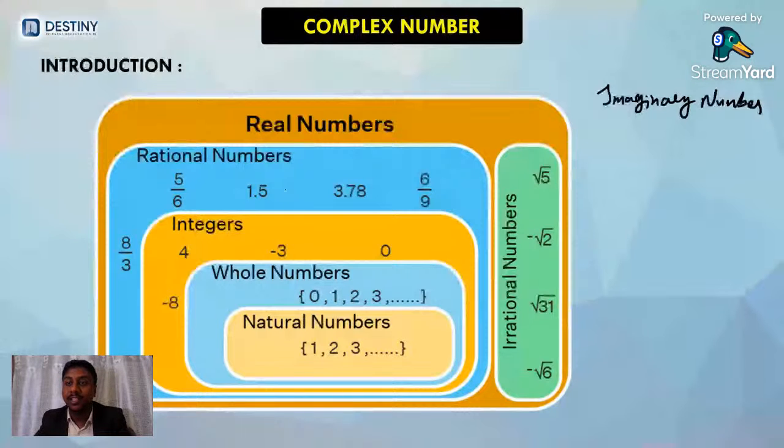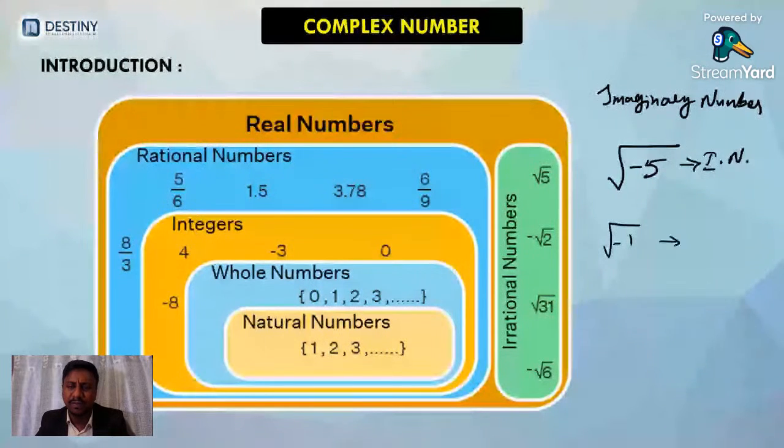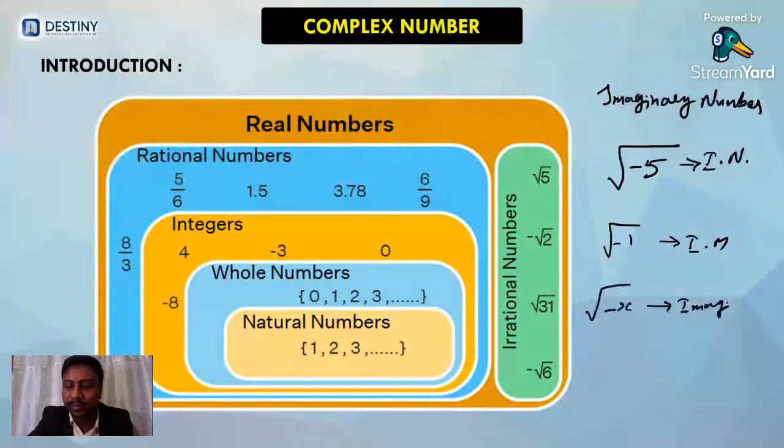If you take the root of a negative value, this is called an imaginary number. So root of -1 is an imaginary number. Root of minus some value is an imaginary number. So this is what we are going to learn in today's topic.